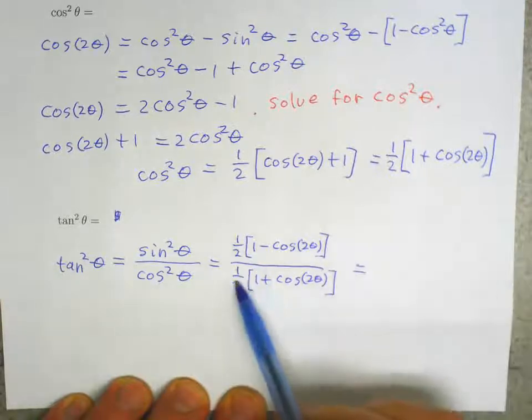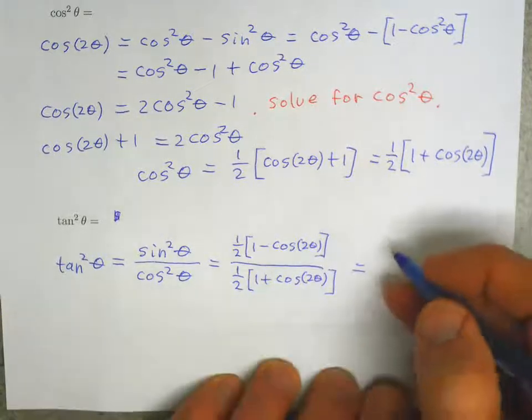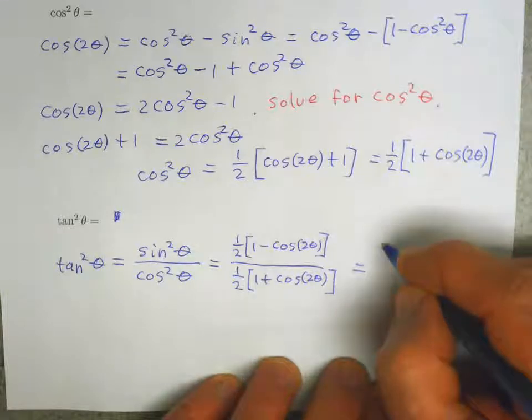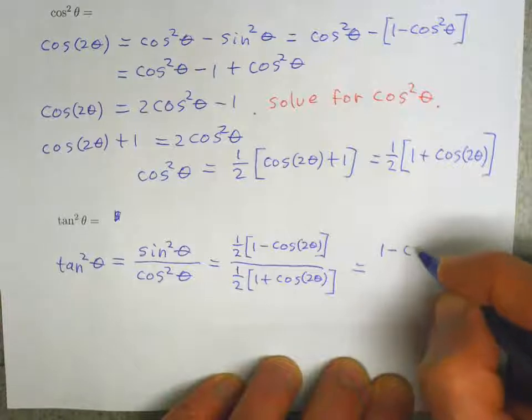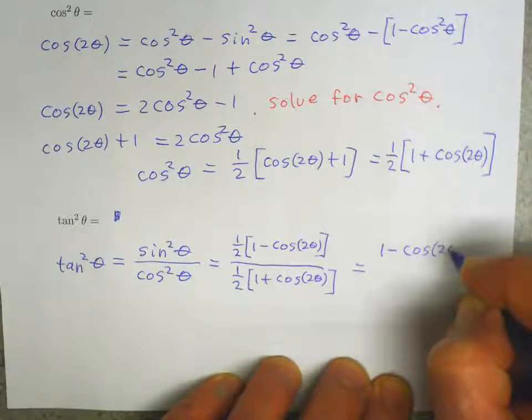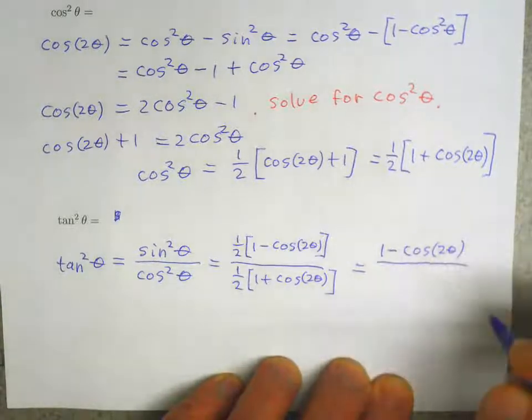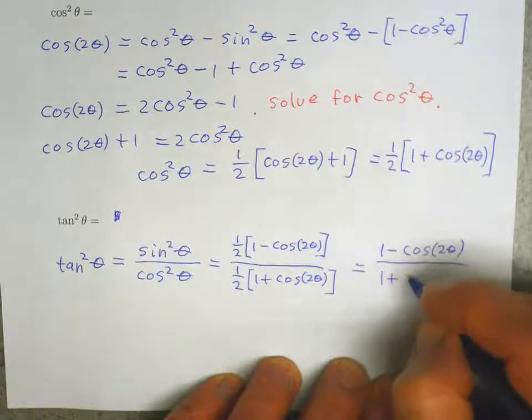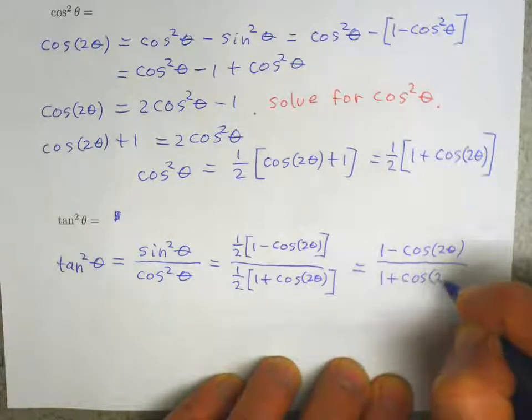And 1/2 divided by 1/2 is 1. So our reduction formula for tangent of theta squared is 1 minus cosine of 2 theta divided by 1 plus cosine of 2 theta.